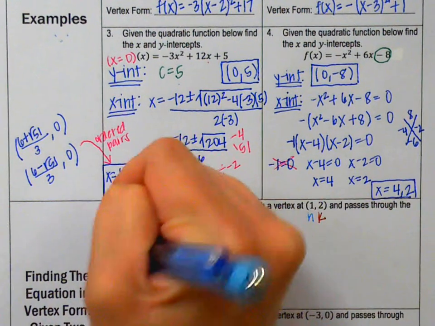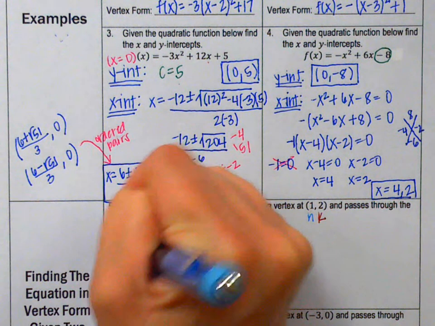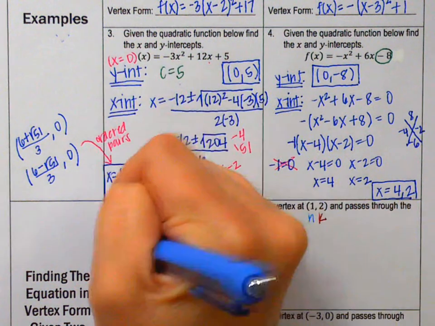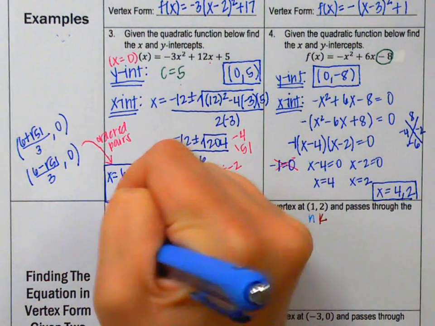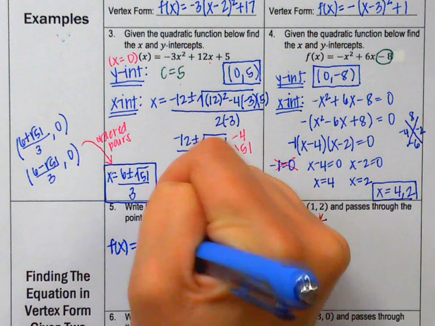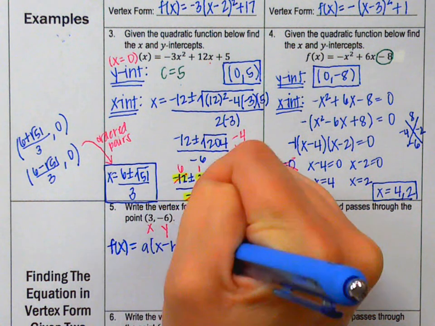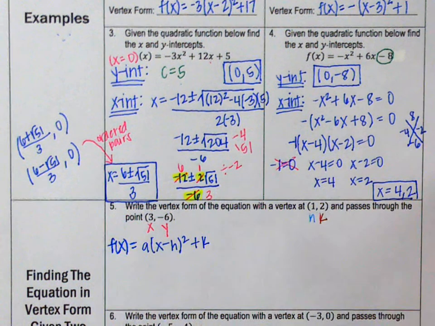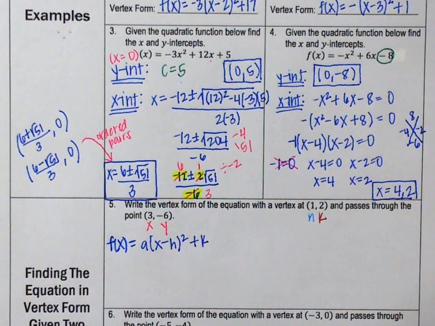So vertex form we know is f of x equals a times x minus h squared plus k. So for vertex form, what we're really missing is a. But if you look, we have basically all of the information that we need.